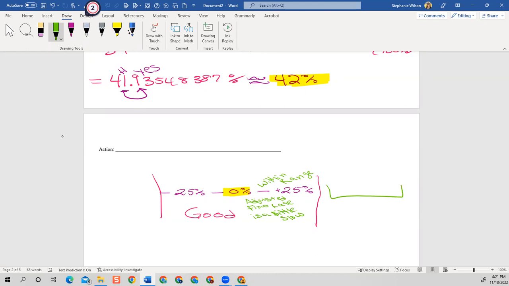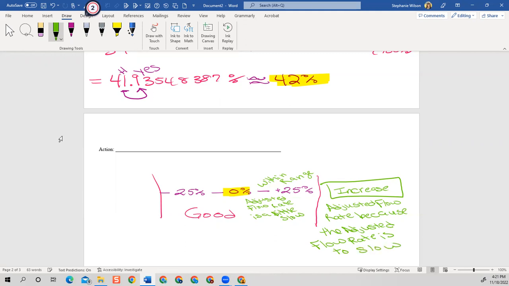However, if it falls on the outside of 25%, like 27% and so on, we're going to have to say we need to increase the adjusted flow rate because the adjusted flow rate is too slow. Okay.